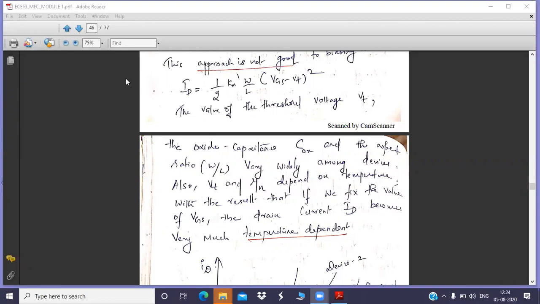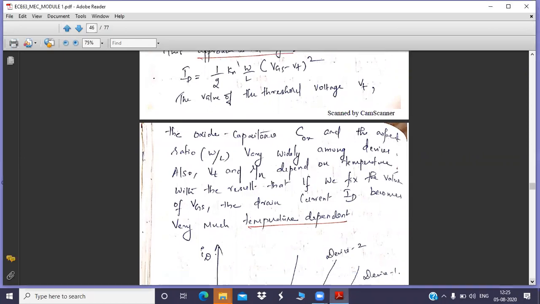We need to design some other biasing circuit to satisfy the W by L ratio and Kn dash of the replaced device. Because with replacement, these constants are going to change, so ID is going to change. And also this ID is temperature dependent.